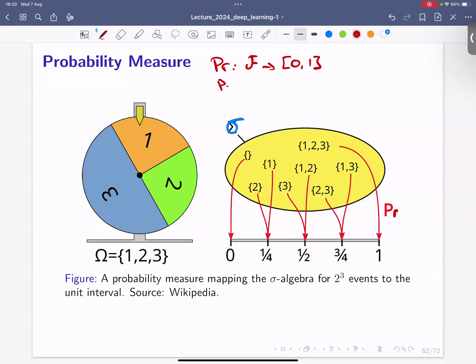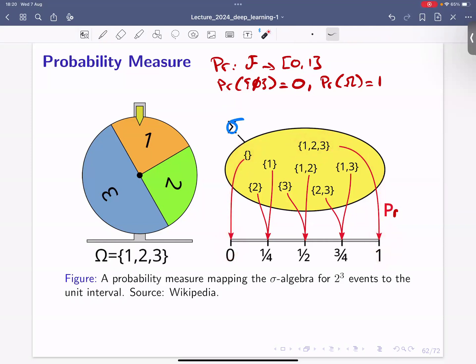And what we are saying is that PR of the empty set is simply 0. What did we say? We also said that if I were to take the whole set, omega, the probability is 1. So you can see here the probability of the whole set, omega, maps to 1. Okay, so the empty set maps to 0. The whole set, omega, maps to 1.